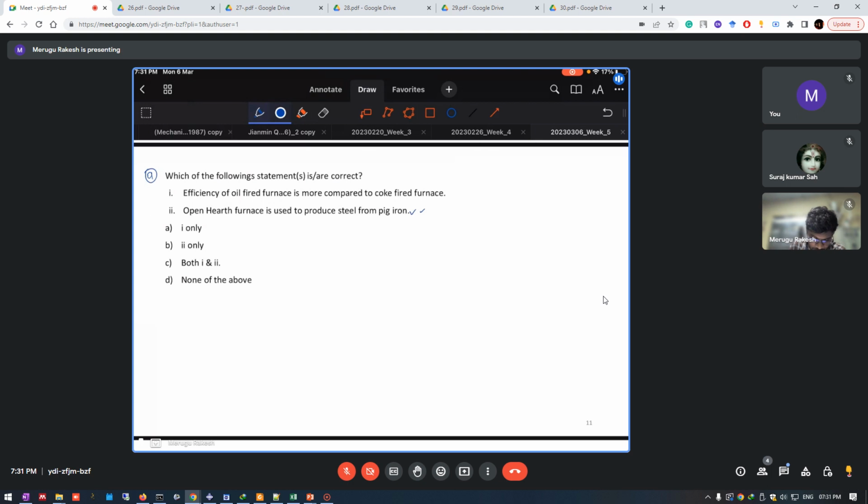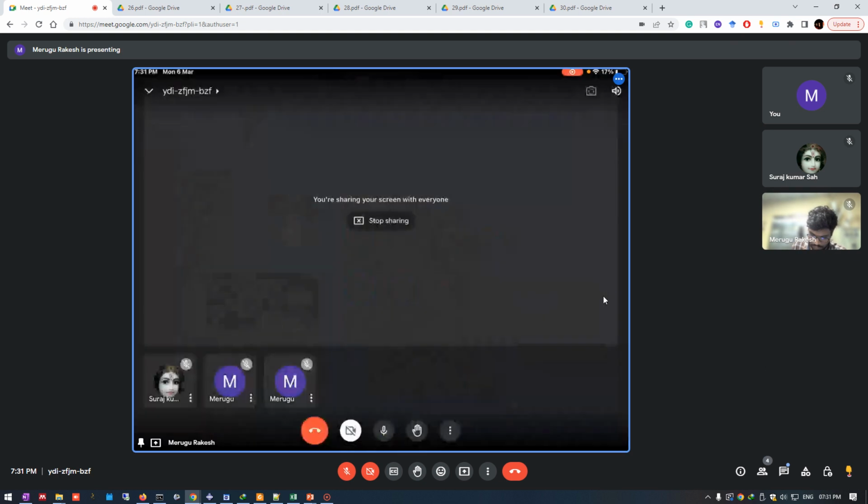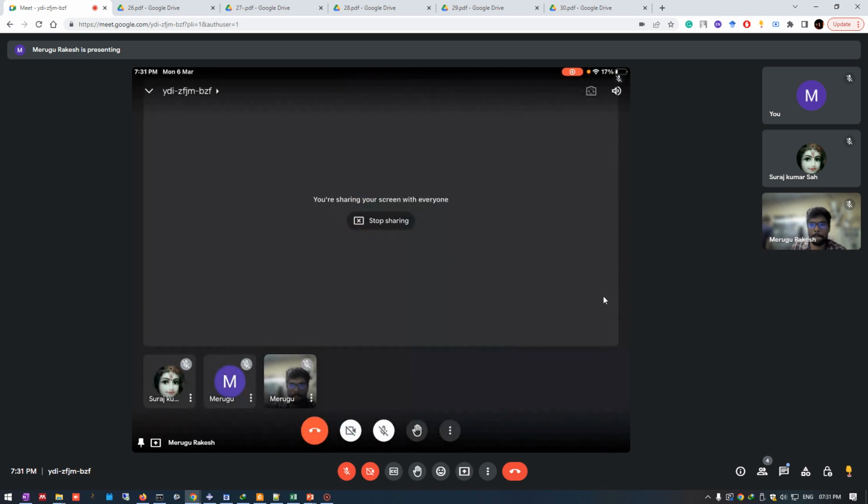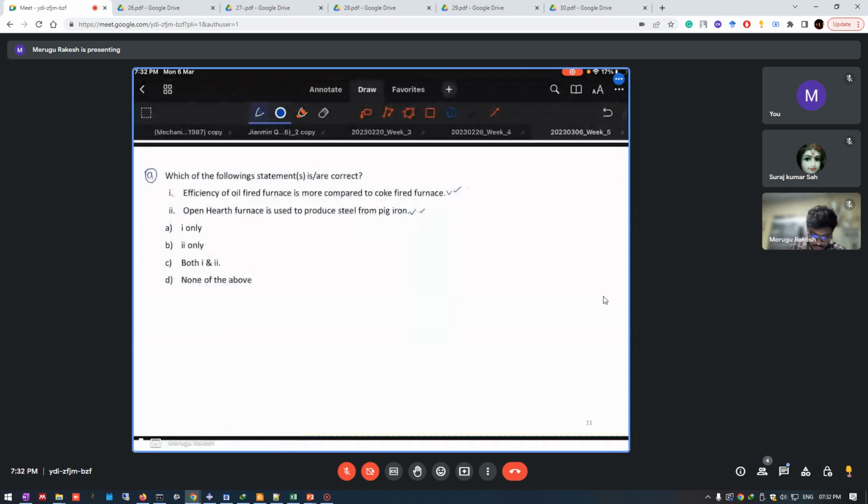This is the correct statement, and the first one is also correct. Actually, if you compare oil with coke, the efficiency of the oil fired furnace is more compared to the coke fired furnaces. So both statements are true in this case.